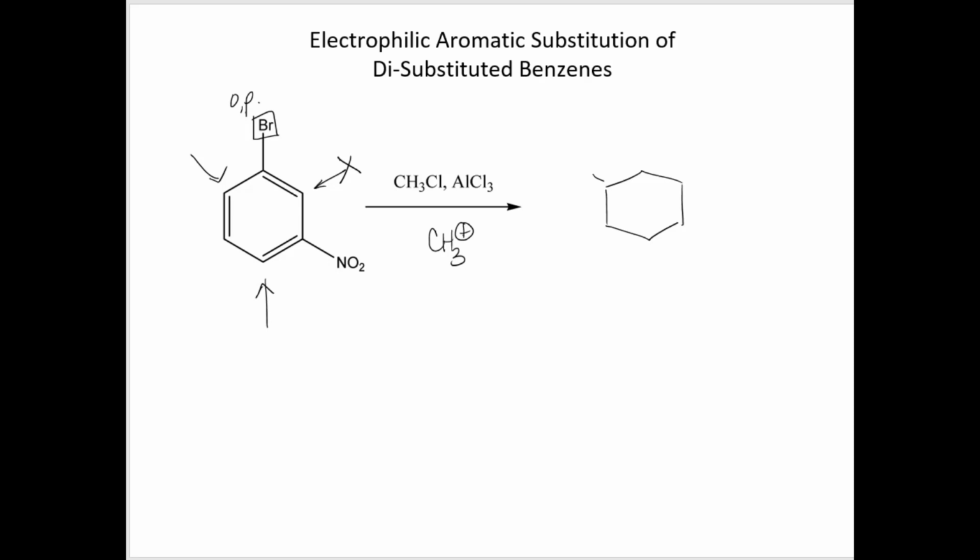The CH3 would add in this position, which would be product 1, and then the other major product of this reaction would be to add the methyl group para to the bromine. So these would be our two products of this reaction, but we'd never add in between the 1,3 or the meta disubstituted groups. The steric hindrance does not allow that.